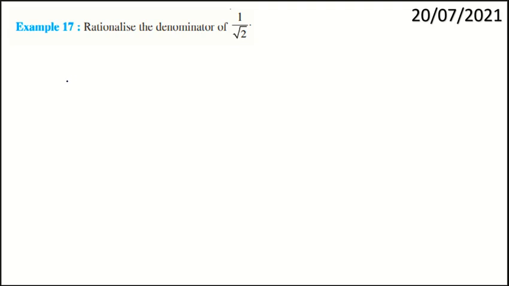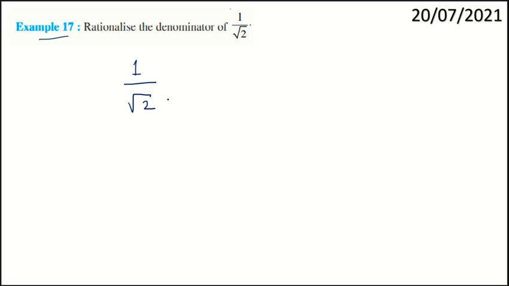Question number 17, or example number 17. Rationalize the denominator. I have already told you how to rationalize the denominator. Here 1 by root 2 we have to rationalize.